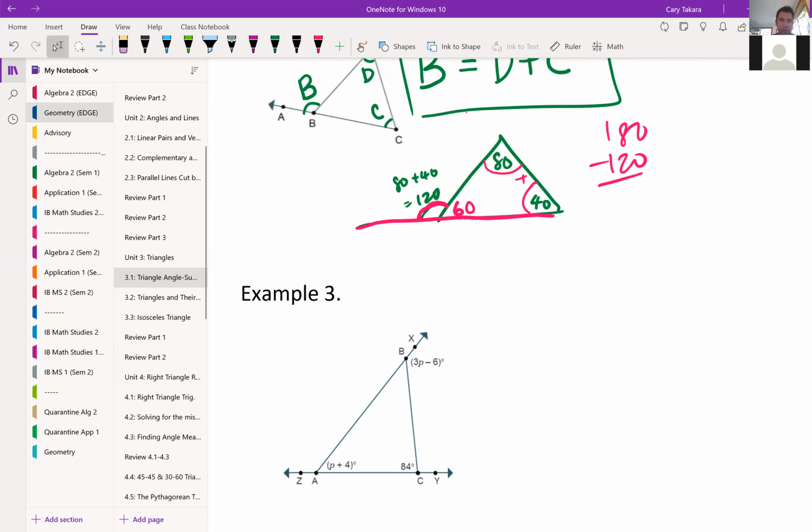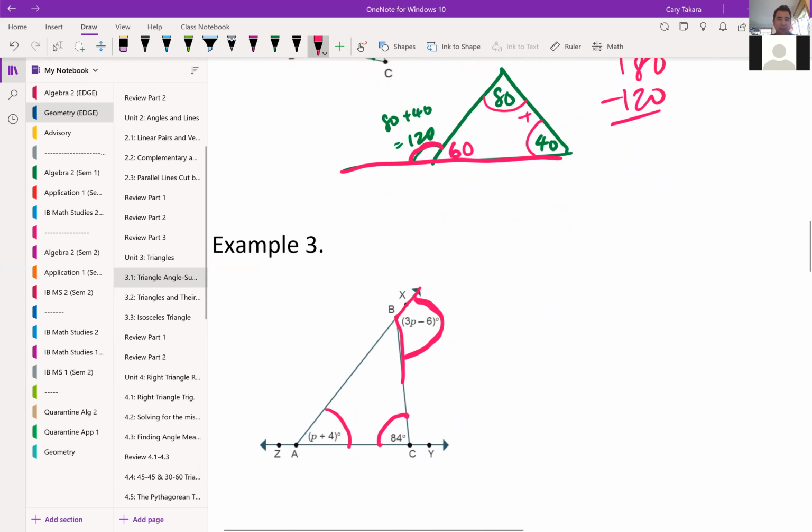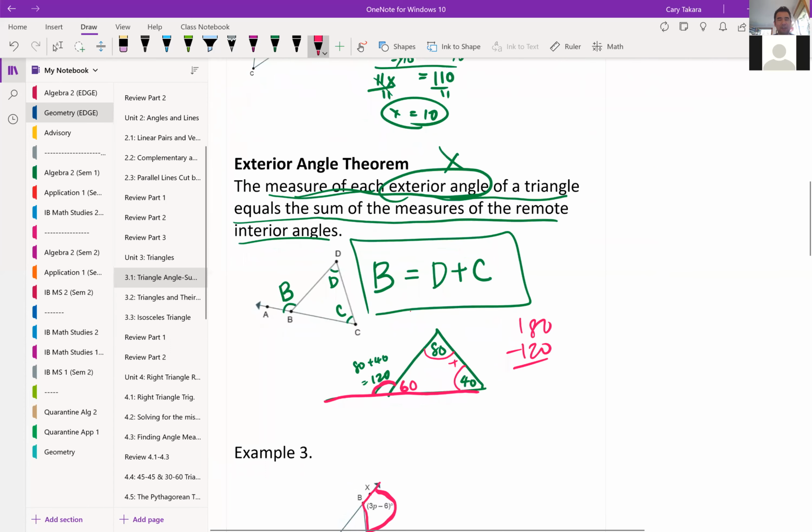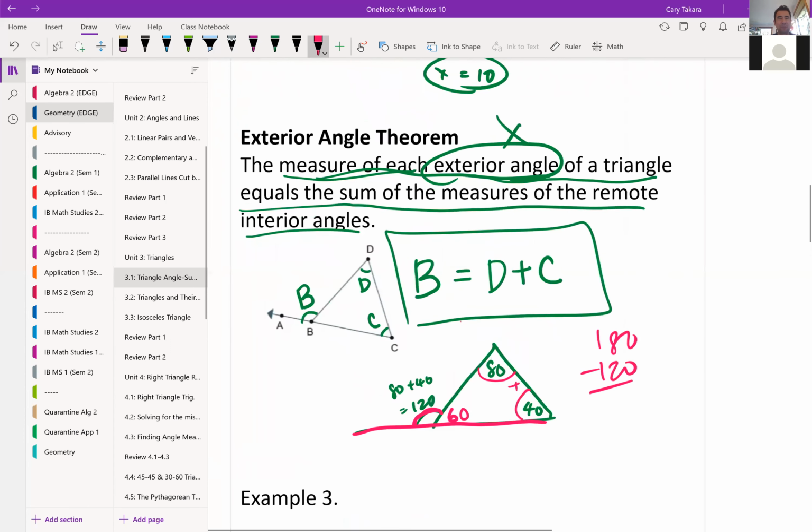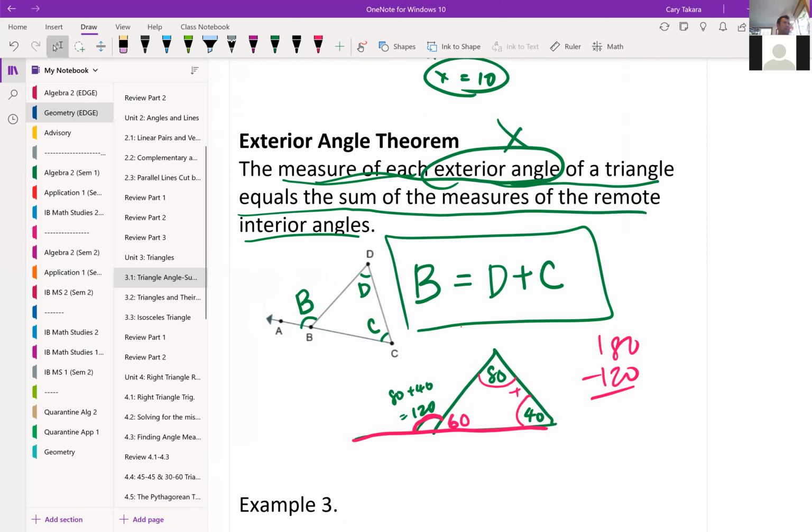So for a question like this one, these two are the remote interior angles, and this is the exterior angle. Let's do this one together, okay? Example number 3. Oh, actually, let me give you time to write it down. I keep forgetting to do that.